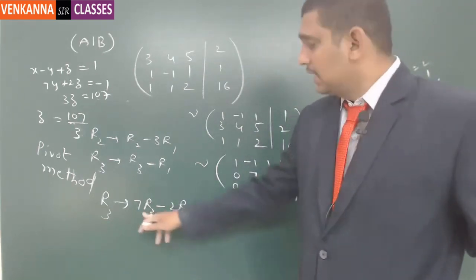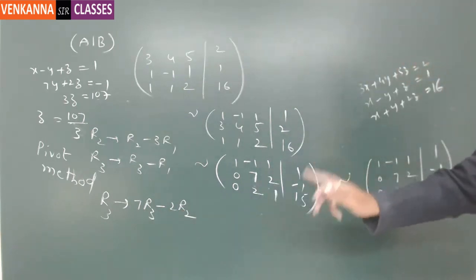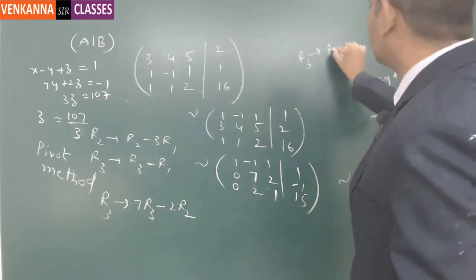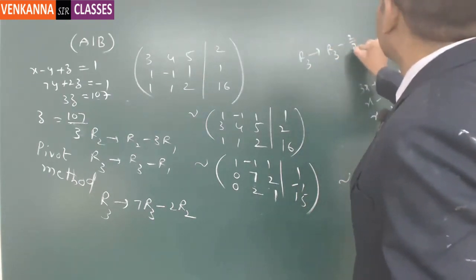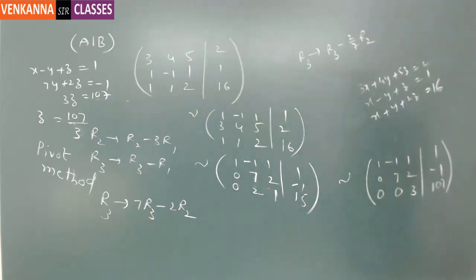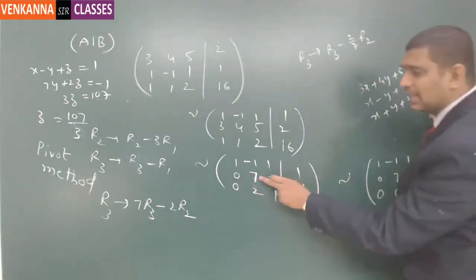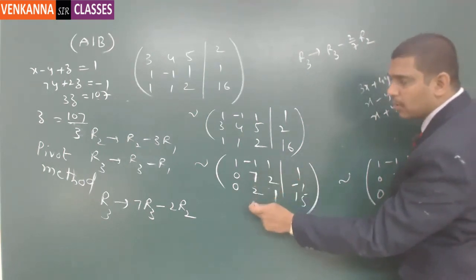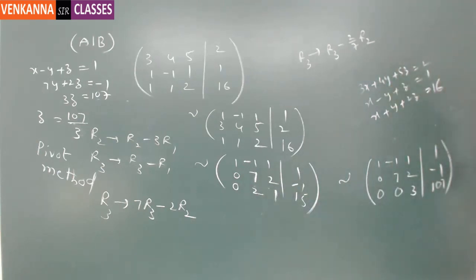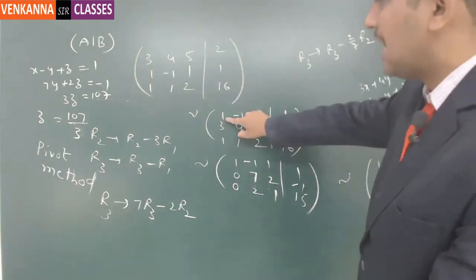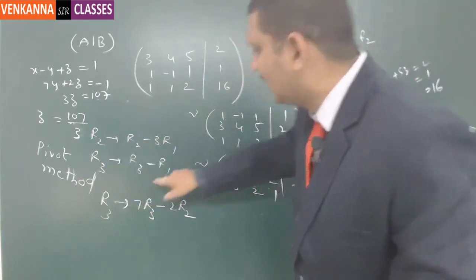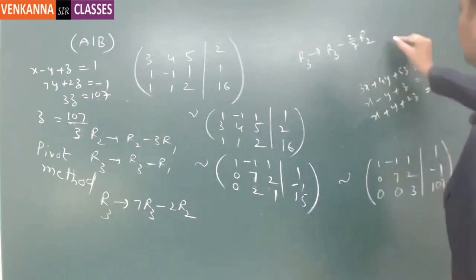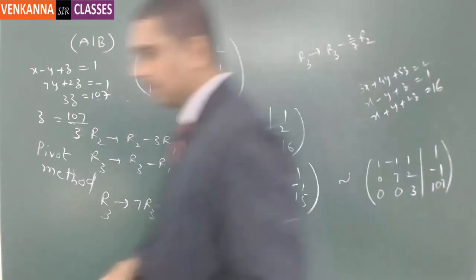But actually, in the Gauss elimination method, you need to write the operation as R3 tends to R3 minus 2 by 7 R2. So whatever the diagonal element is, you divide all the bottom values by the diagonal element. Since this is the first diagonal element, if you want to correctly write the row operations using the pivot element method, I will make space here.